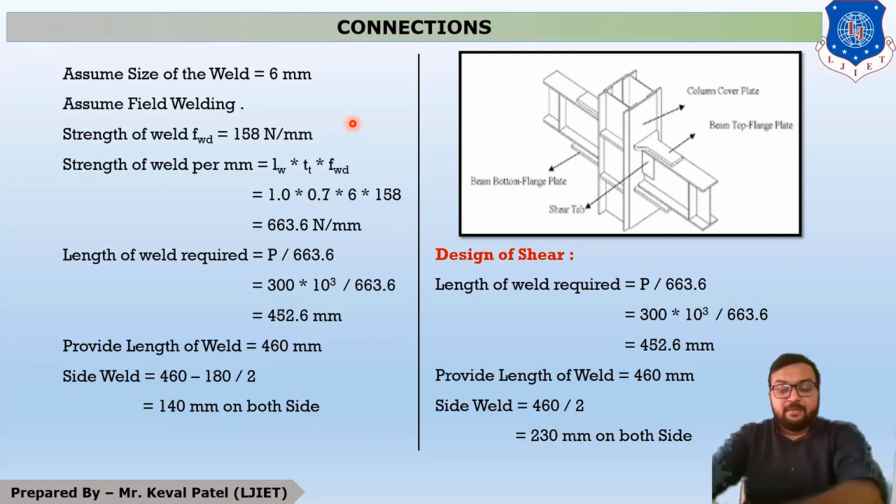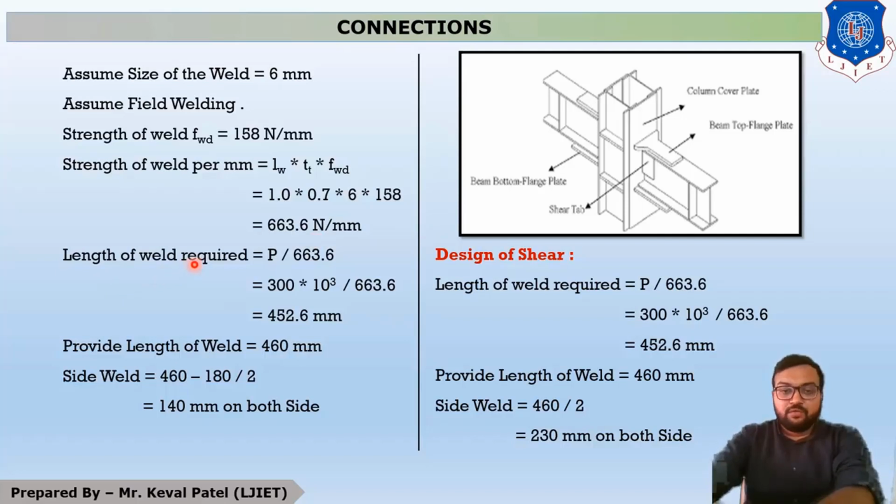Now Lw, the length of weld, is 1 mm, because we have to find the strength of weld per mm length. Tt, the throat thickness, is 0.7 into S, and fwd is 158. So if we provide 1 mm of weld, it can resist 663.6 Newton load.